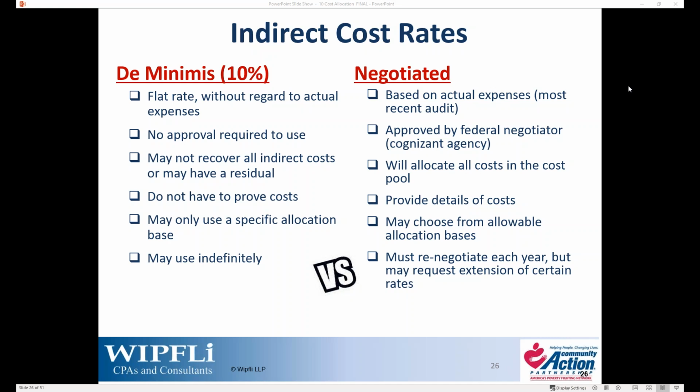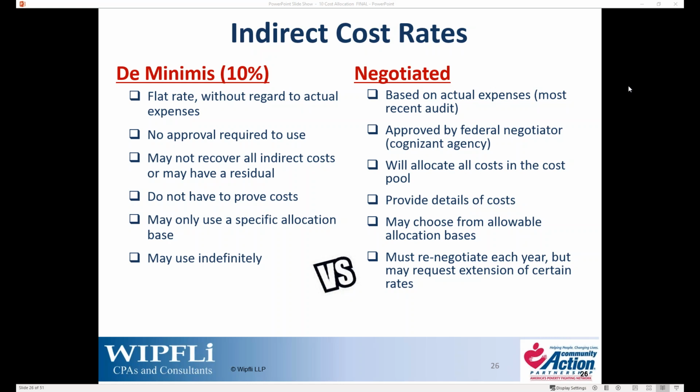Another good thing about this is that you don't have to have it approved by anyone. You may not recover all your indirect costs, or you might have a residual. If what you recover using the 10% is more than your costs, then you'll have a little residual. But if it doesn't cover all your costs, then you're going to have to make that up on your own.